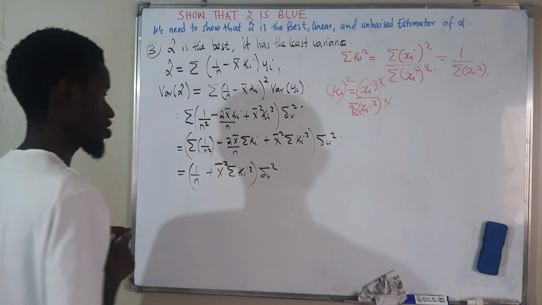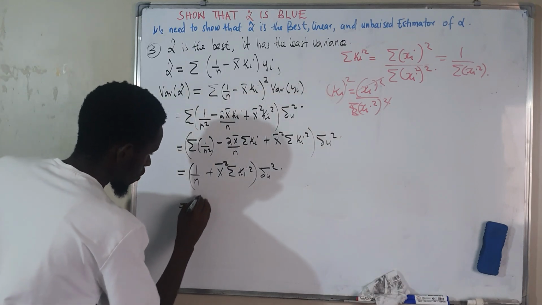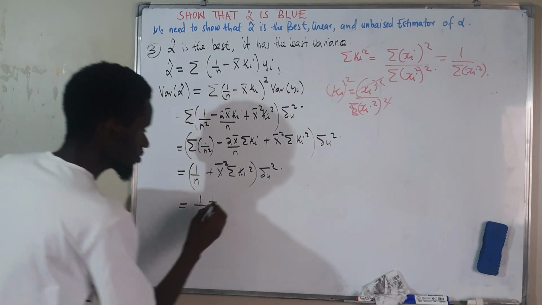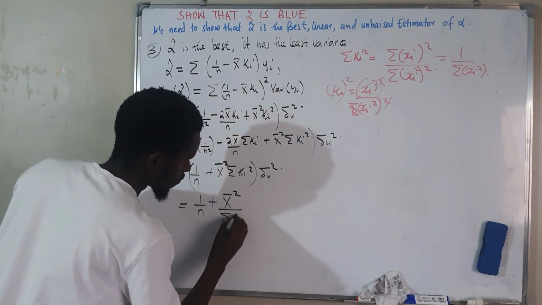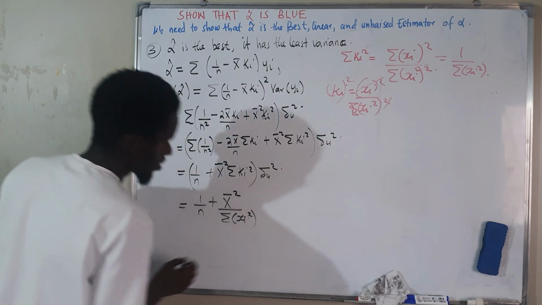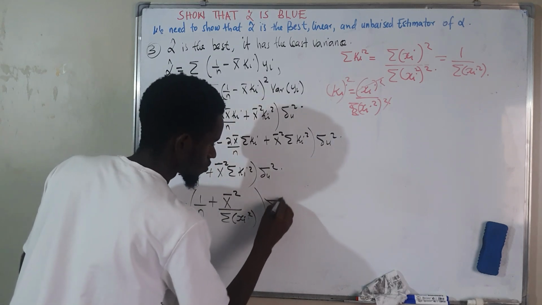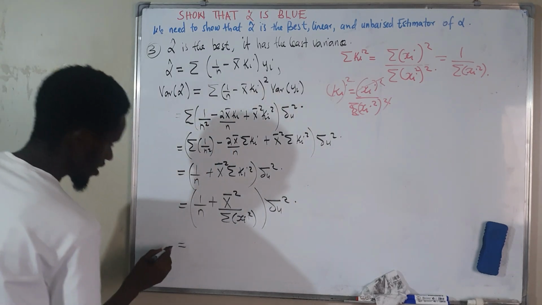Now from here, we just write that this is the same thing as having 1 over n plus x bar squared over summation of xi squared, just like that, times sigma u squared. Now from here, let me simplify this.